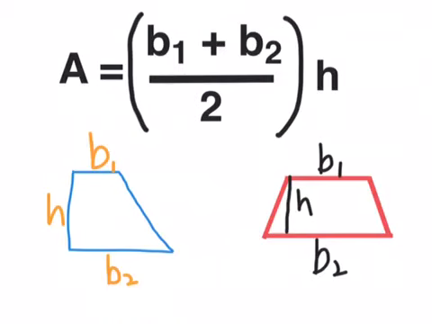You can sort of imagine the height is like how far you would fall if you jumped off of the top of the base, right? How far would you fall? You wouldn't fall this far, you just fall straight down, so straight down. And same here. On this trapezoid, one of the sides is the height. This is a right trapezoid, so on this one, the height is just one of the sides of the trapezoid.